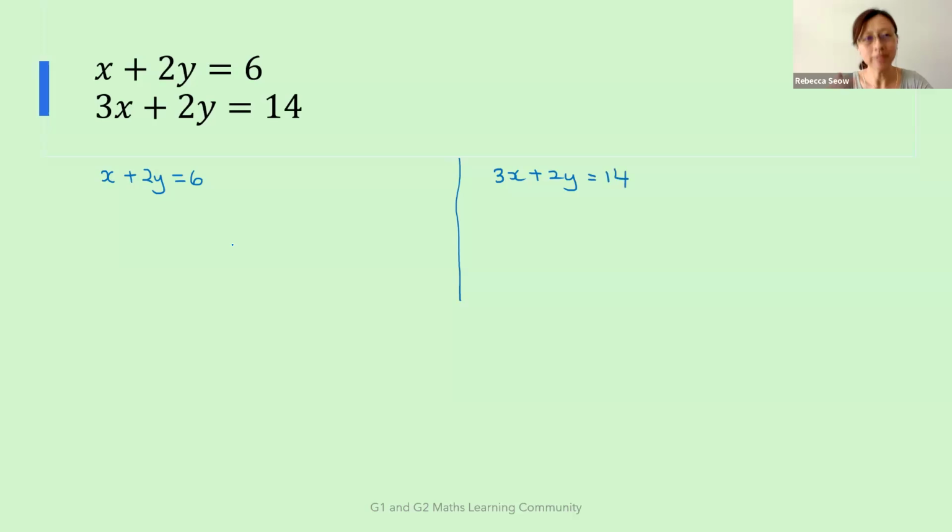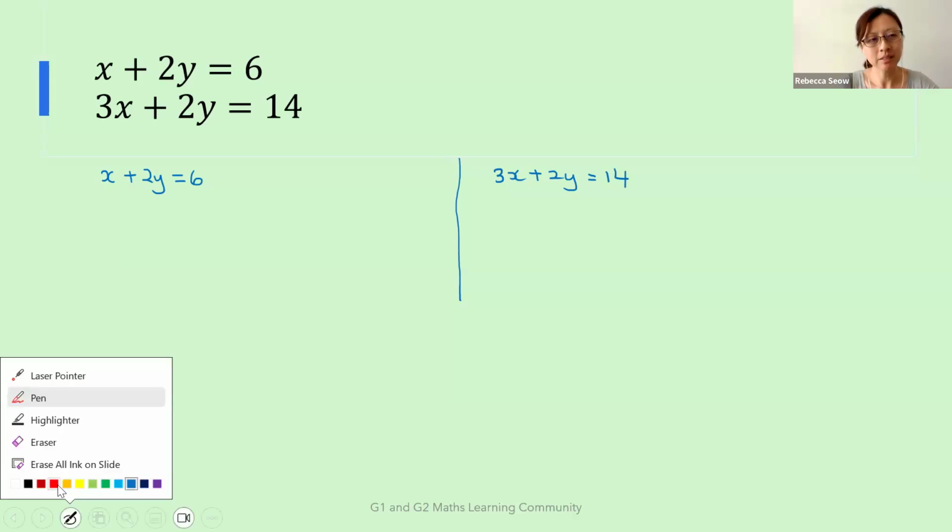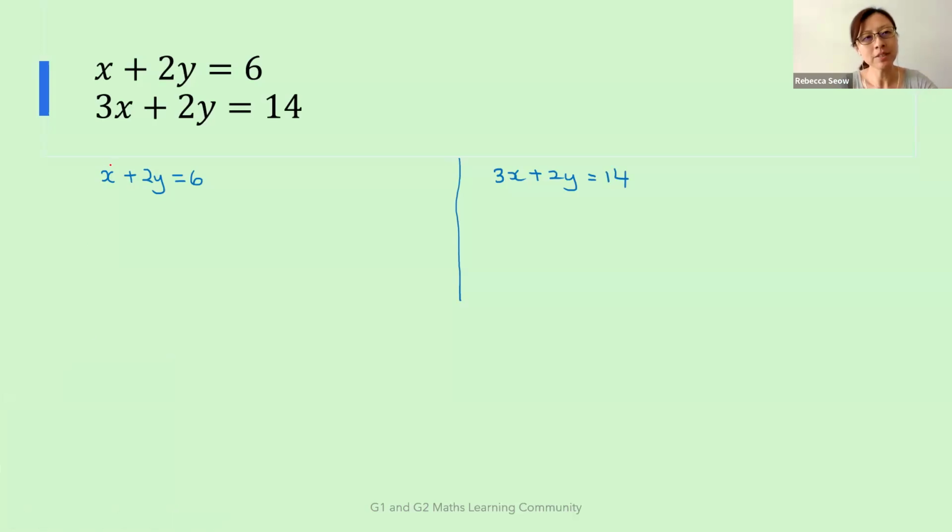Okay, now next step, if you can recall, I am now going to make the x term the subject of each equation. Now, where is my x term? On my first equation on the left, my x term is here. So x will remain on the left, and this means that my plus 2y term will move over to the right.